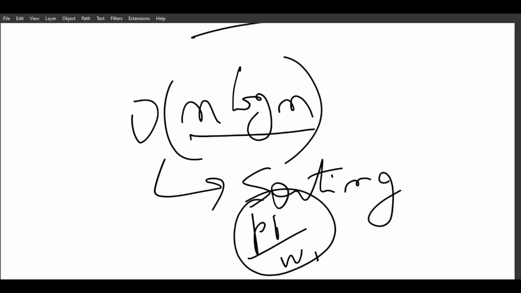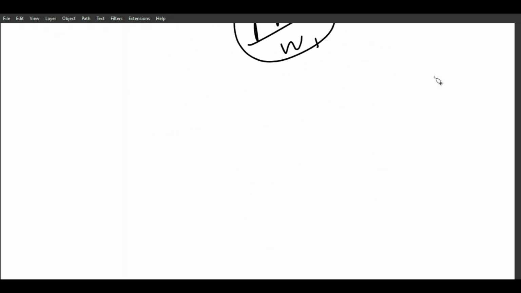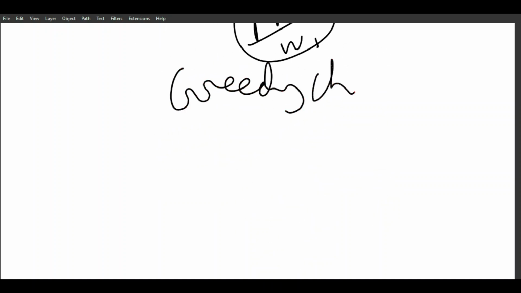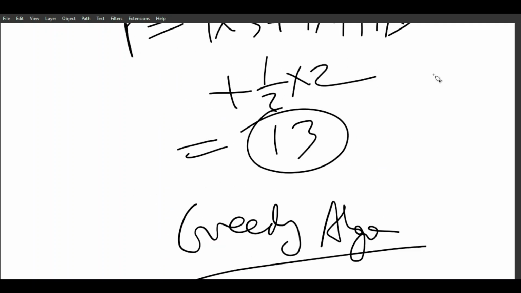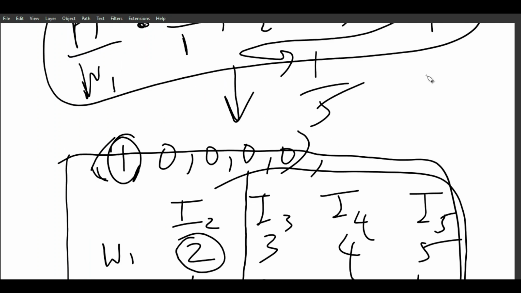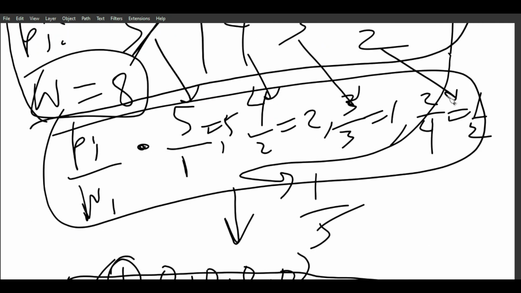Now the most difficult part is proving the greedy choice property. The greedy choice property that we need to prove is that choosing items in this order, in profit per weight order, in decreasing order, will lead to a globally optimal solution.